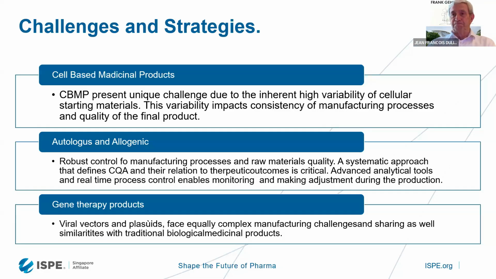With ATMPs, it's more difficult, and we need to have more information on the product, and this will be made by monitoring. For gene therapy products, we have viral vectors and plasmids, and these face equally complex manufacturing challenges and share as well similarities with traditional biological medicinal products.